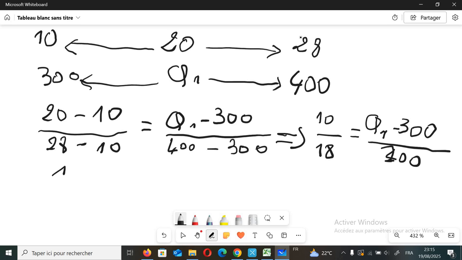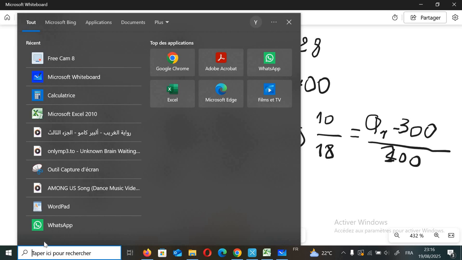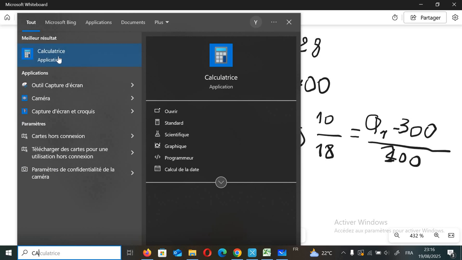It gives us 1000 divided by 18, equals Q1 minus 300.